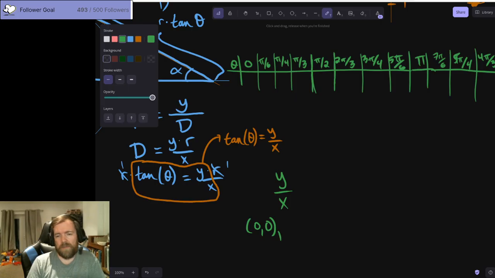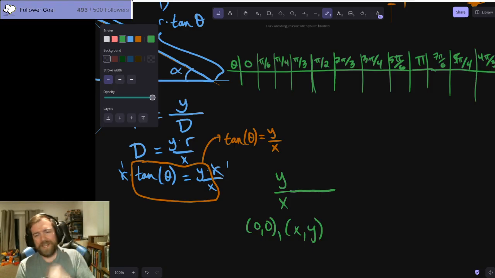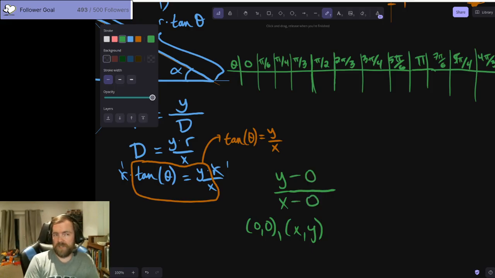0, 0. Oh man, bingo. Two points: 0, 0, and x, y. And if we were to subtract, because y minus 0 is just y and x minus 0 is just x, this is the slope of our terminal side.